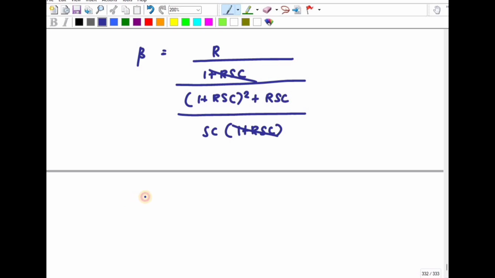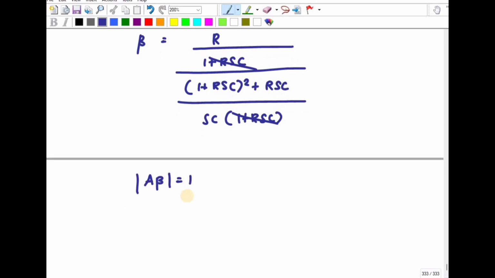So we know that A beta is equal to 1. So what is A? 1 plus R3 divided by R4, into beta.